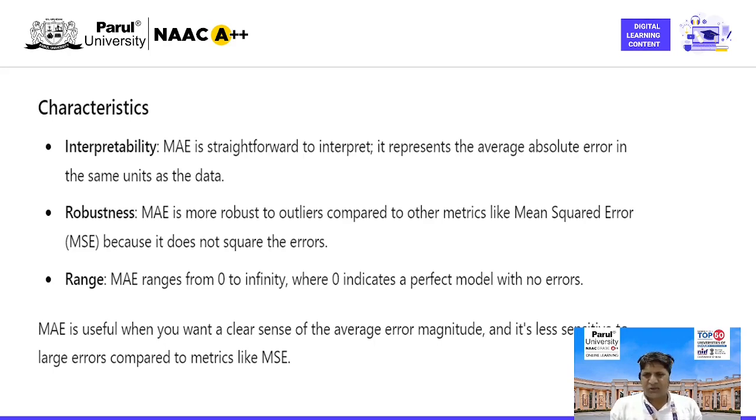The second one is robustness. MAE is more robust to outliers compared to other metrics like mean squared error, because it does not square the errors.